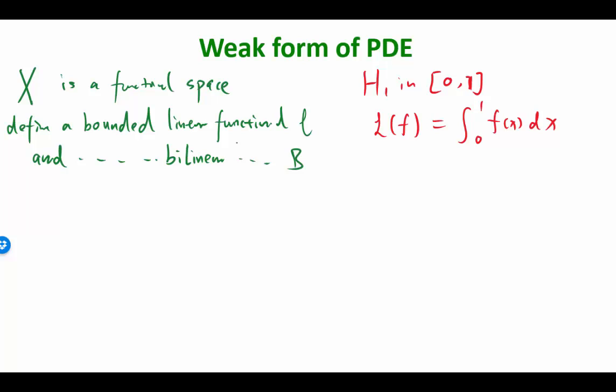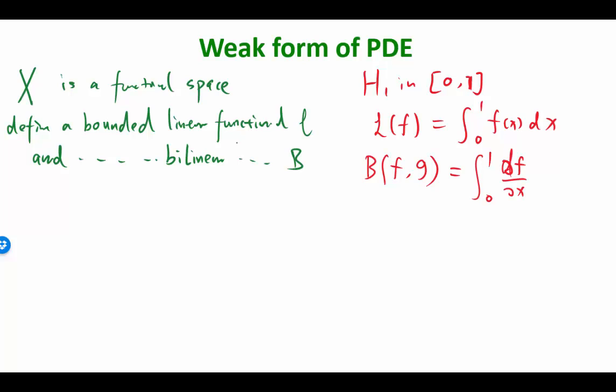Okay, and what if I choose the bilinear functional to be something different? Bilinear functional of f and g equal to integration. Because it's in H1, I know the derivatives are well-defined and integrable. So let me take the derivative of f.